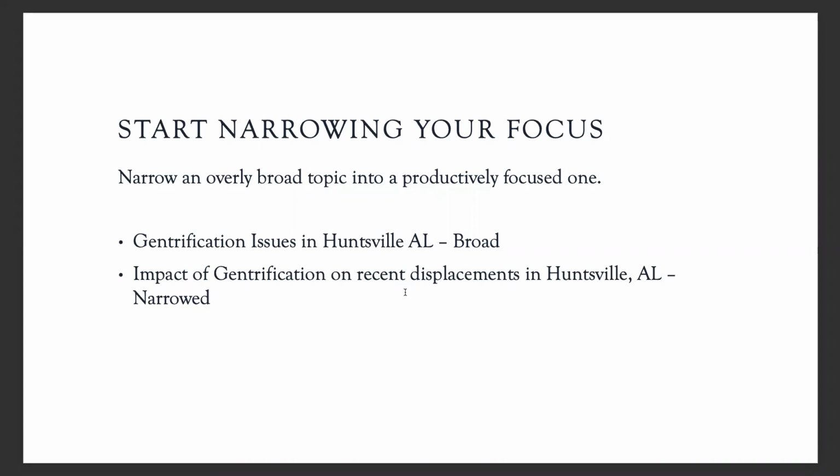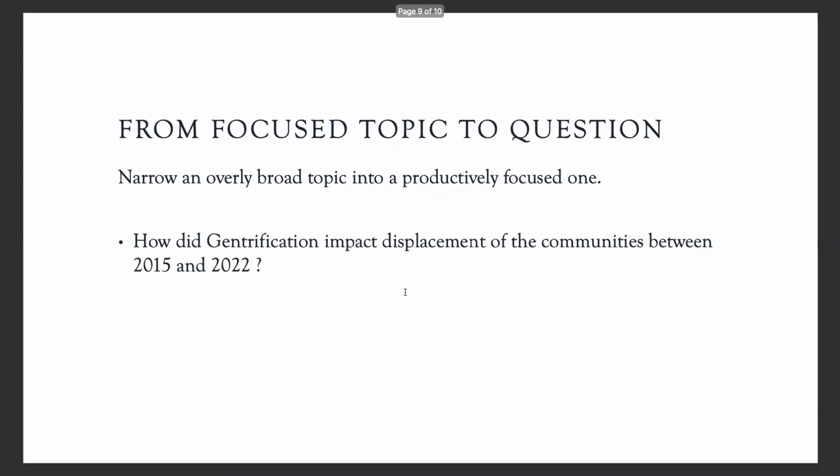This doesn't really stop, and there is no perfect way to narrow down a question, because the more literature you read, the more in-depth study you do, you will identify more and more gaps, and you can narrow your questions down a little bit more. So from a narrowed down topic, you can find a more focused research question.